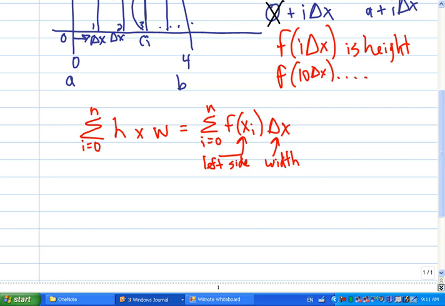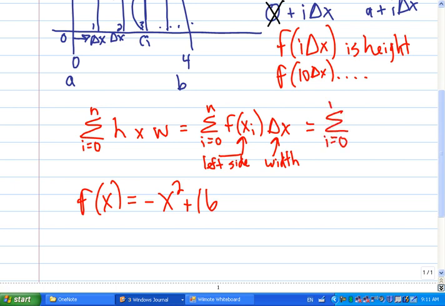You could also do it with the right side, but if I then substitute them in, my function was this. So our formula would become negative xi squared plus 16 times delta x.